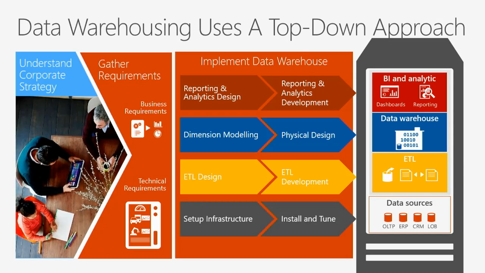And this is typically what you see in a very top-down sort of approach, right? You start off from the dashboards, you go down to the data warehouse, you do the ETL, and then you pull out the relevant data sources, where it's OLTP, ERP, CRM kind of systems, and flush it all the way to the top.